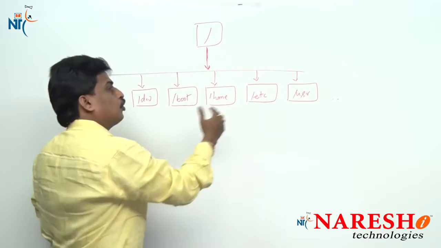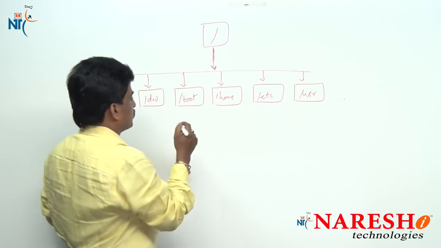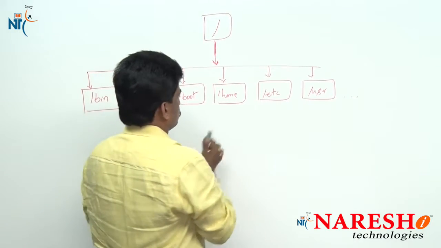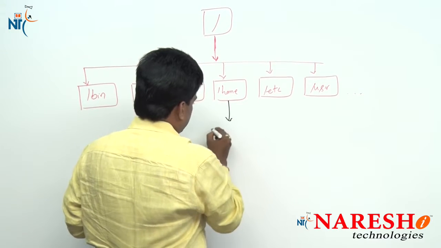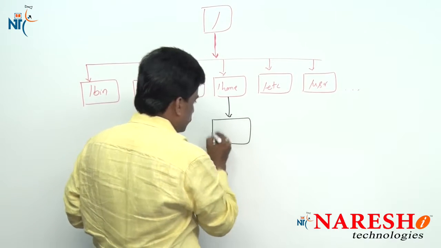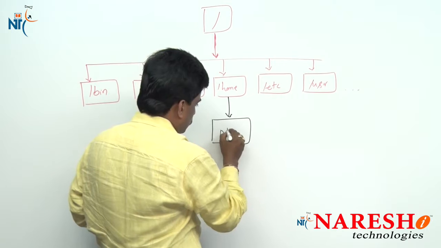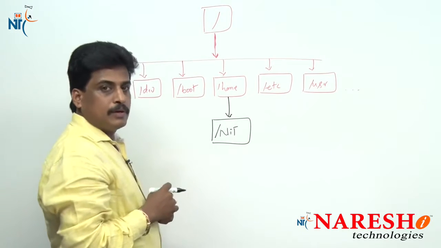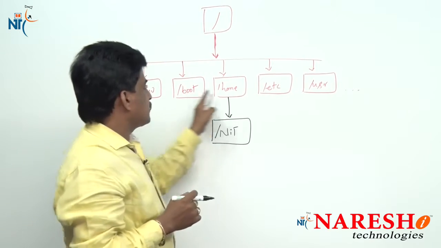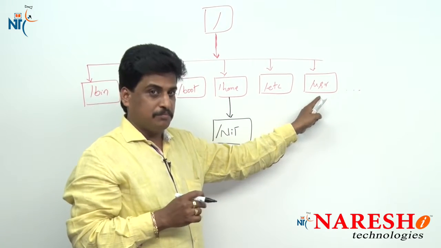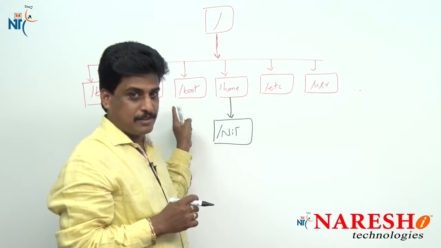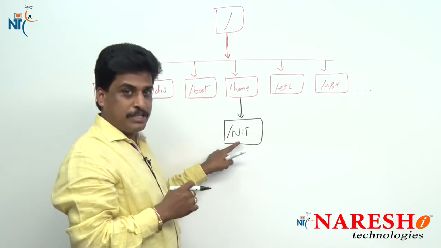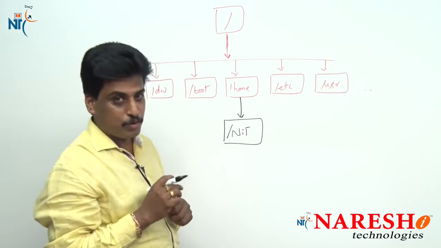Let me elaborate. More directories are available and we can see in the home directory what the things are. I created one user in the home directory. The user name is called NIT. Observe here, all lowercase I implemented because these are predefined directories. UNIX is case sensitive. User defined names, you can write in any case, no problem.